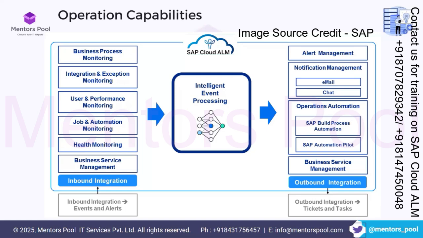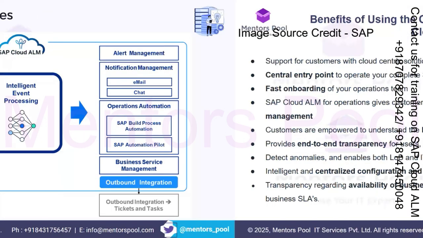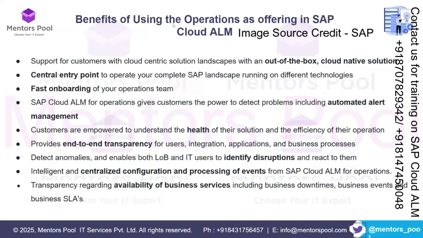All these things you can give notifications via this business service management. And yeah, so this is how the operations capability is going to work in the ALM, which helps both cloud and hybrid solutions also.